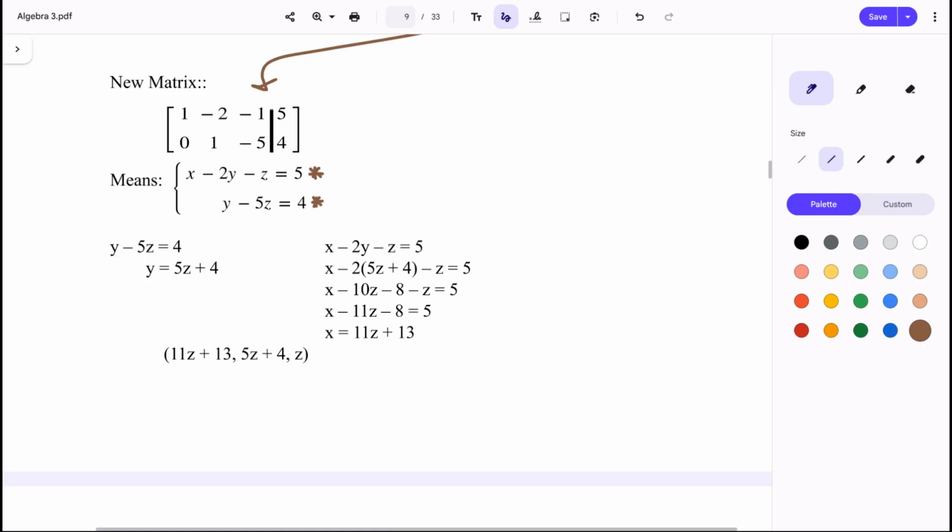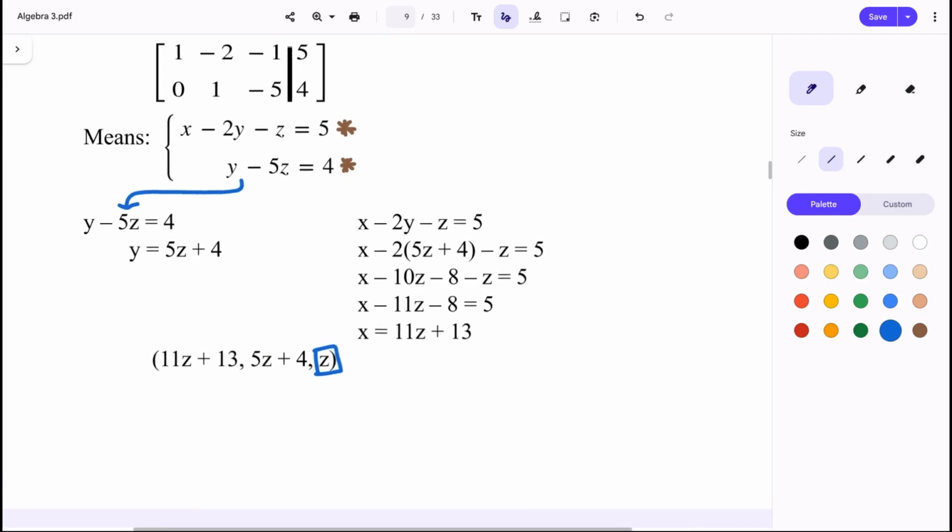Now z, when you have this situation where it's infinite, z is just going to be z, always. Okay, so you can see down here in my answer, z is just hanging out by himself down there. He doesn't have anything fancy attached or after him. Now what they did with this equation, the y minus 5z equals 4, they just solved that for y. What did they just do?